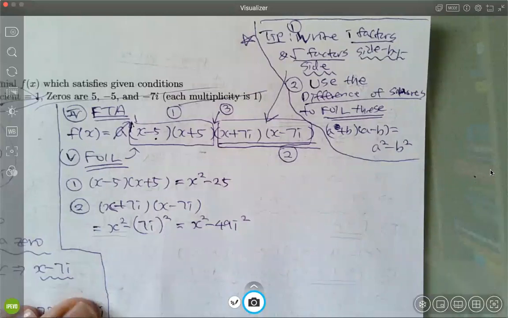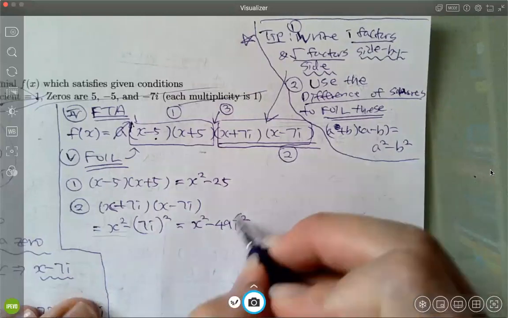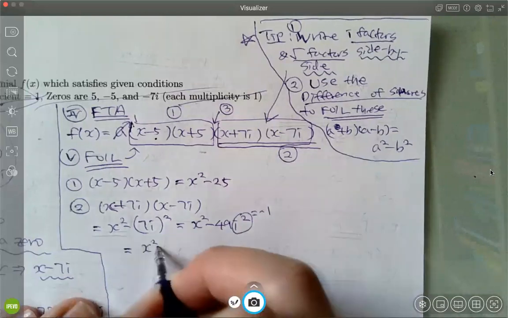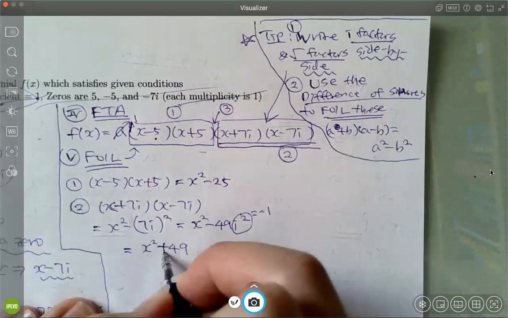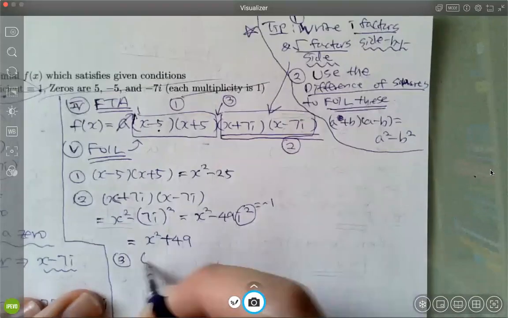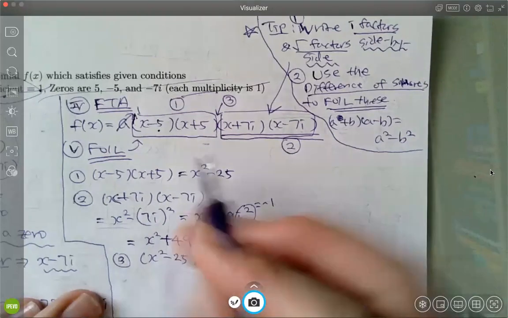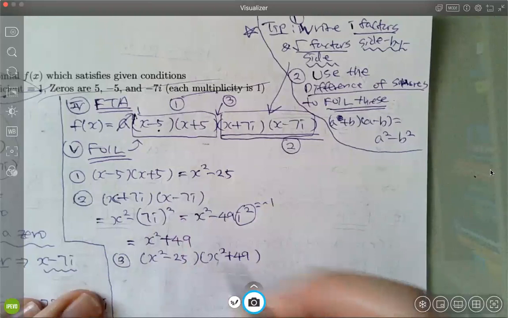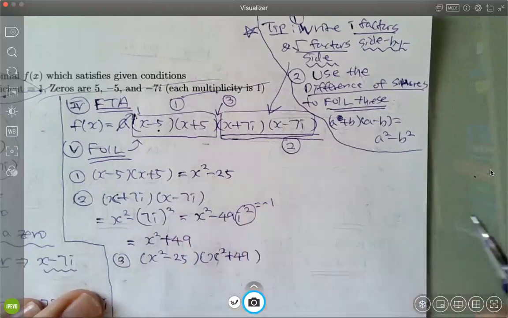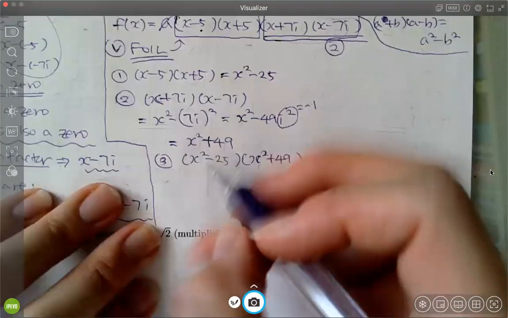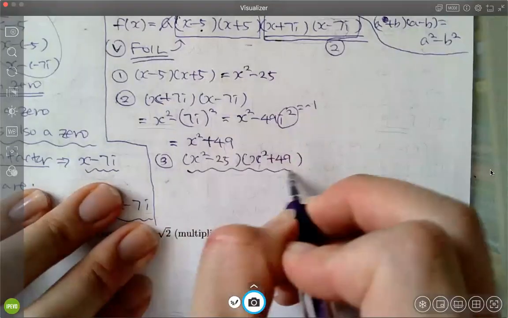Okay, and remember, what is I squared? It's -1, right? So what do you get? X squared plus 49. Okay, so what do you have? Now you have x squared minus 25 for this one, and then times x squared plus 49 for these two. Okay, and now what do you notice here? That's just the standard FOIL.